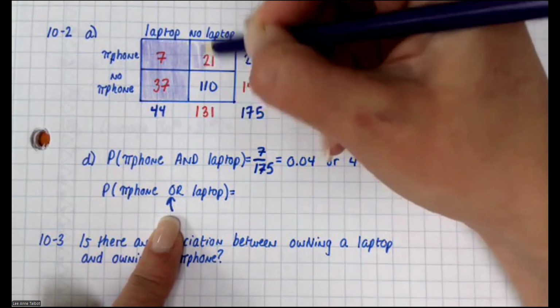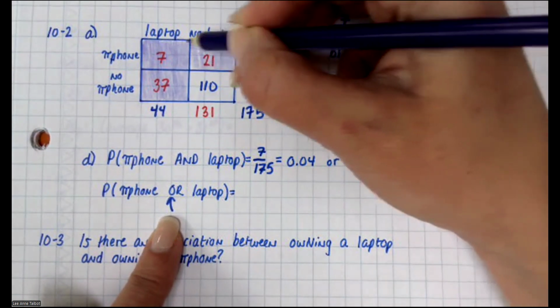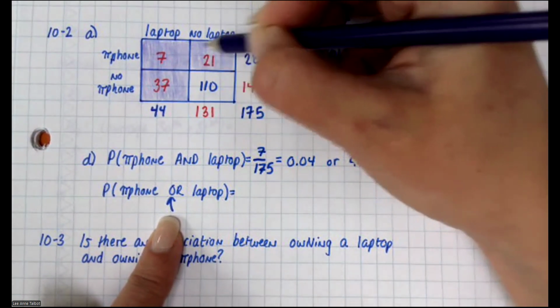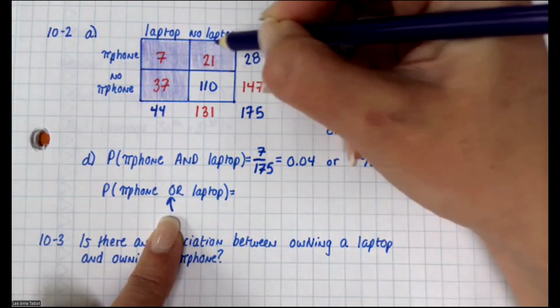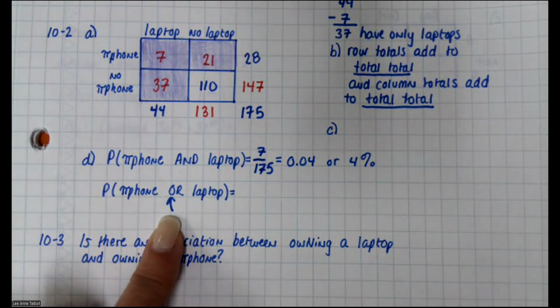Then this represents where they have the Pi phone but they don't have a laptop. Yes, 65. Is it 65? 7 plus 37 plus, hold on.